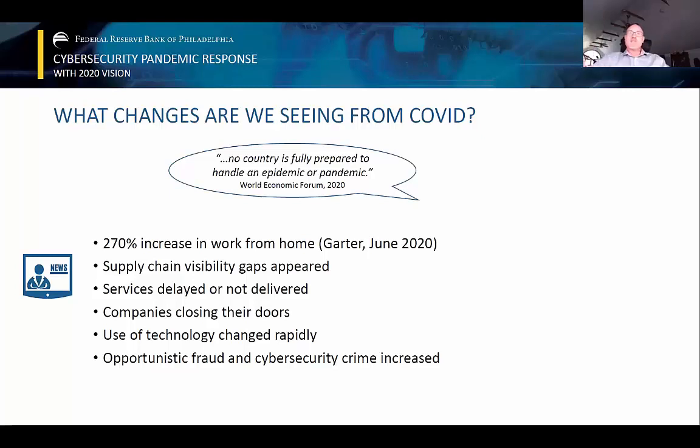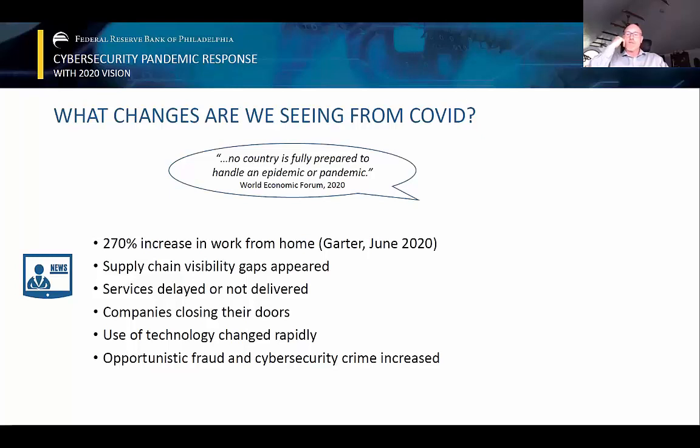And a lot of times, there's a need to get these things deployed rapidly, right? So when things get deployed rapidly, might not be following normal processes, got some shortcuts, maybe introducing some risks into your environment. And finally, fraud and cybersecurity crime has really increased. FBI, you go out there and take a look at their coronavirus page, and they've identified over 150 new fraud schemes, right?